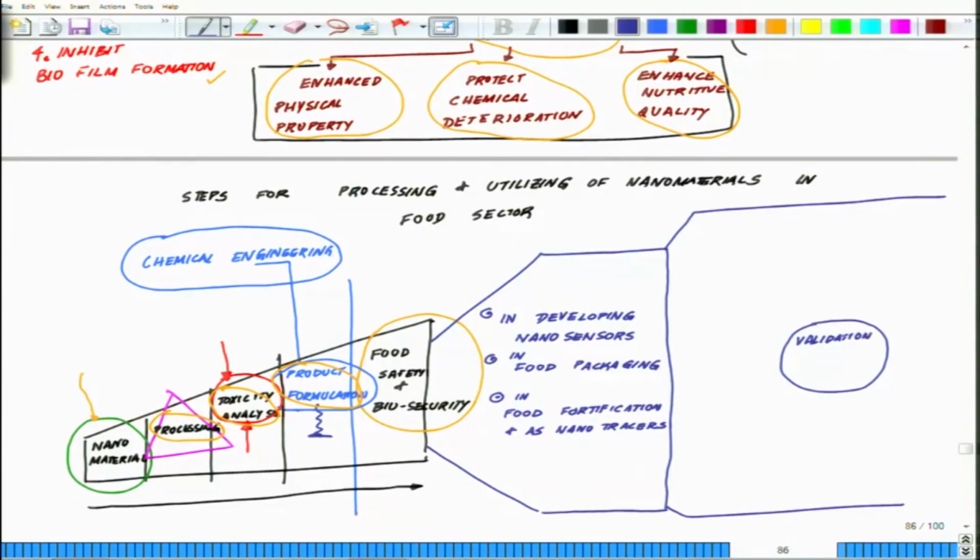Validation for regulatory approvals of nanosensors.